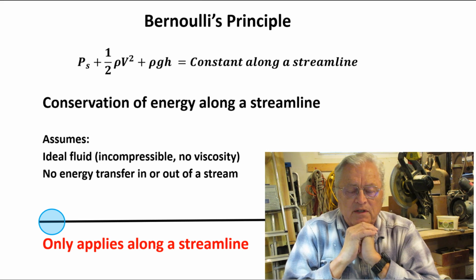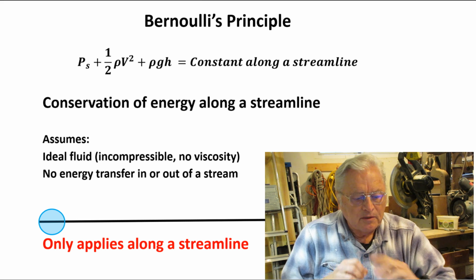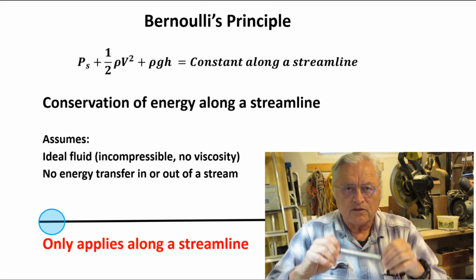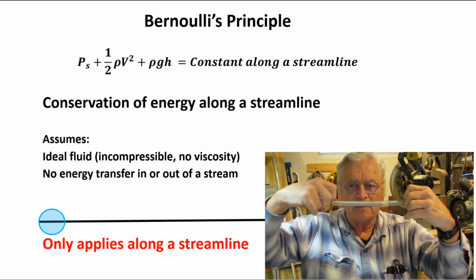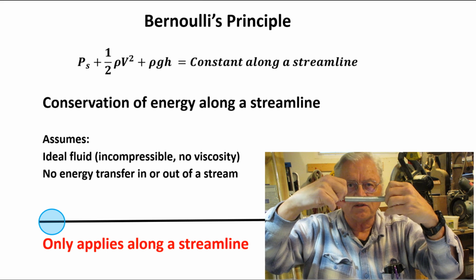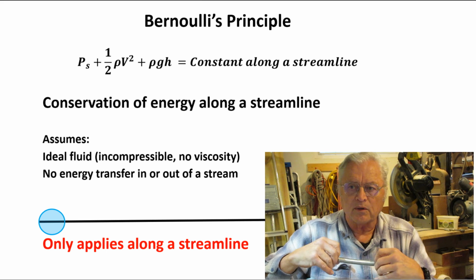The first term is pressure. That may not seem like potential energy, okay? But think about it: if I take this spring, as I pull on it and stretch it, I'm again applying a force across a distance. That's work, by our definition of mechanical work.